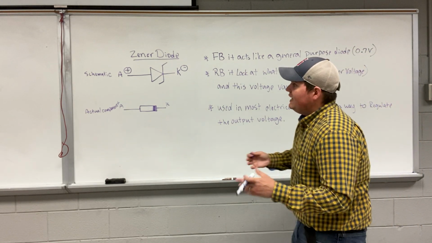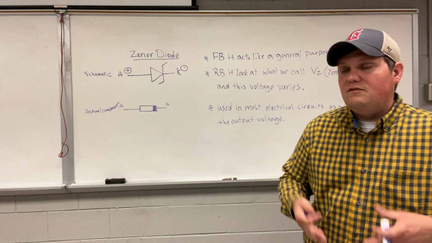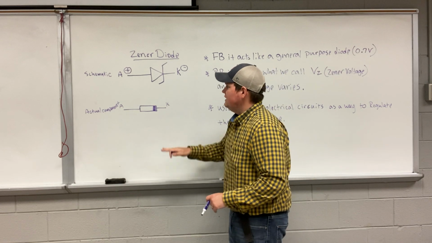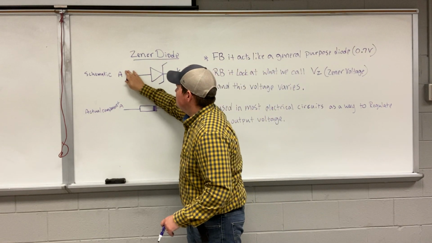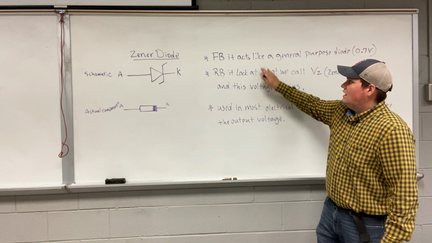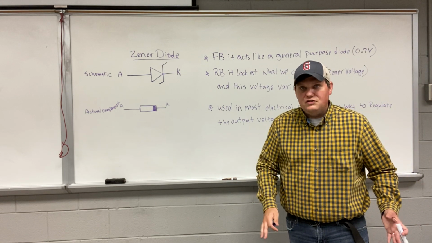So again, this is kind of a short video, just giving you a brief explanation of what a Zener diode is. Most importantly, what your schematic symbol looks like and how it acts forward bias and reverse bias.